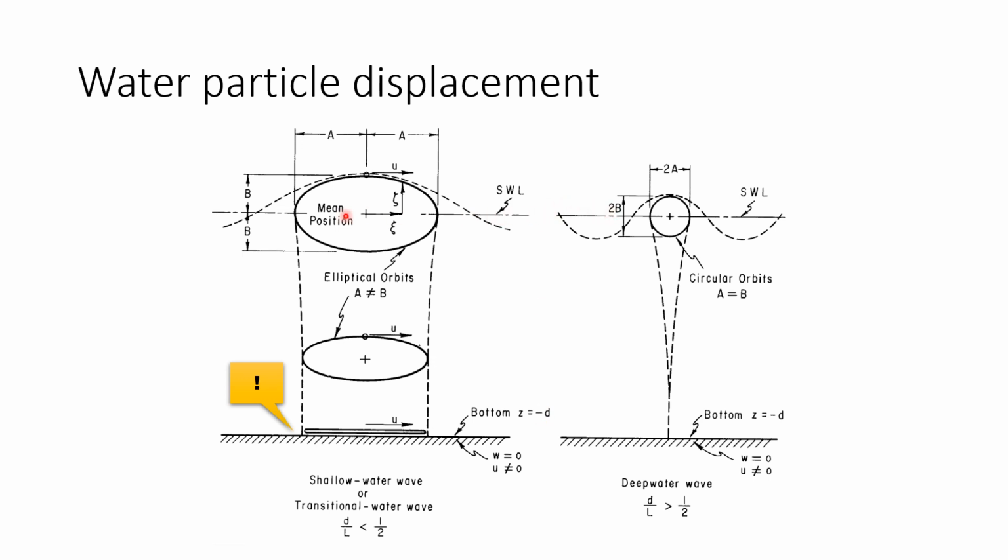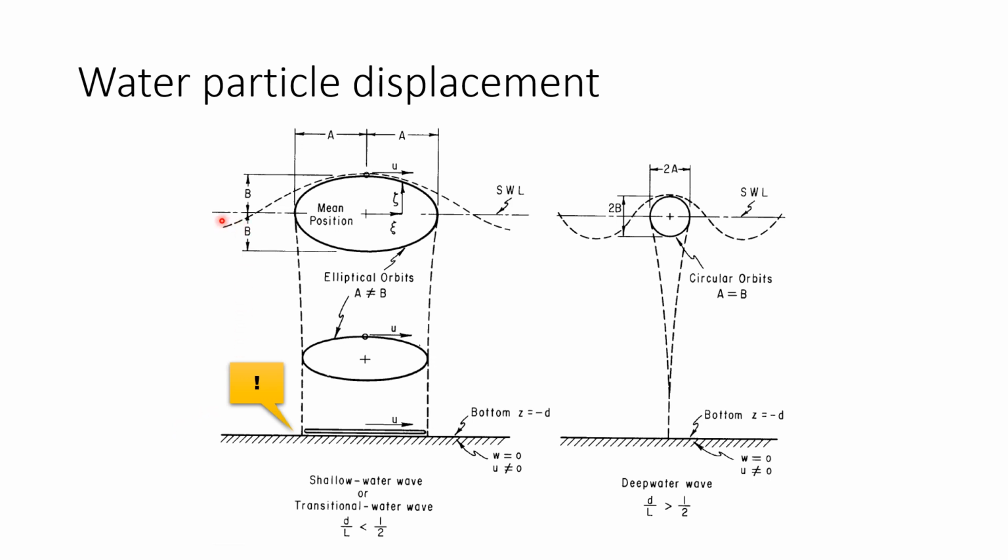However, for the same water depth, we may have longer waves, so that the depth is relatively small compared to the wavelength, such that the orbital motion actually becomes distorted, and in this case it is an elliptical shape. But likewise, the elliptical shape diminishes as we go deeper, but it is still felt at the bottom of the seabed.